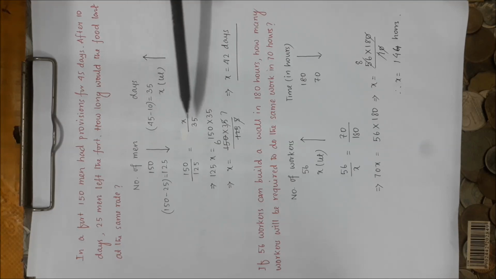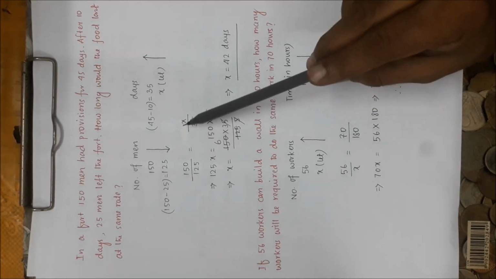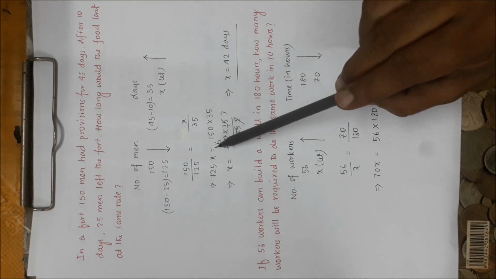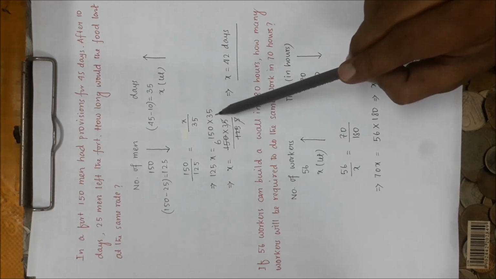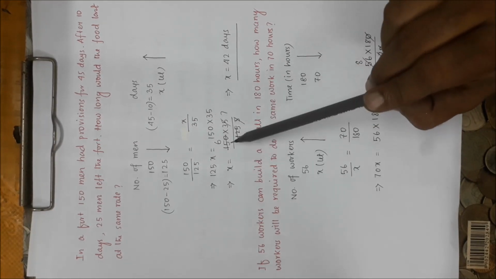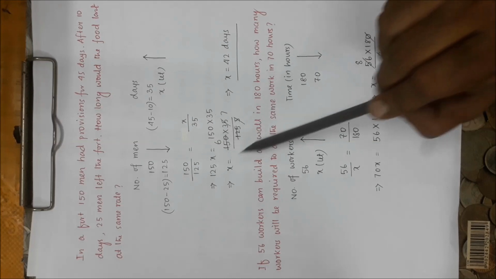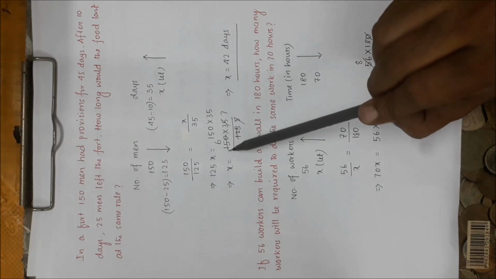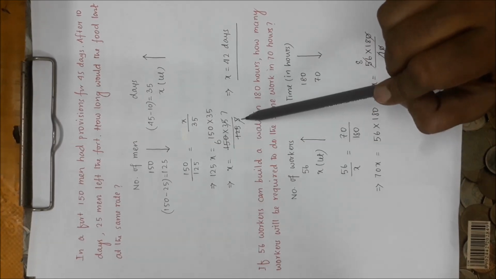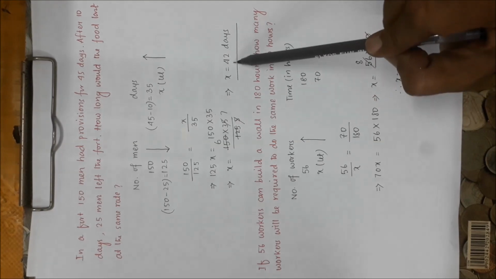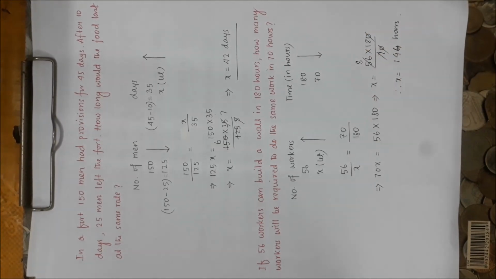Here I am writing x by 35. If you cross multiply, you get 125 into x equals 150 into 35. Therefore x equals 150 into 35 divided by 125. 25 sixes are 150, 25 fives are 125, 5 sevens are 35. So x is equal to 42 days.